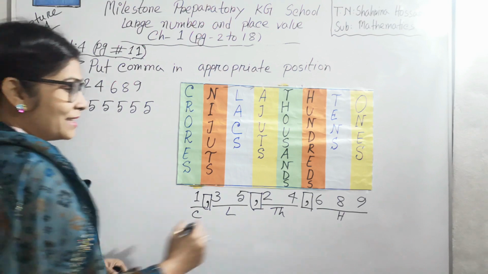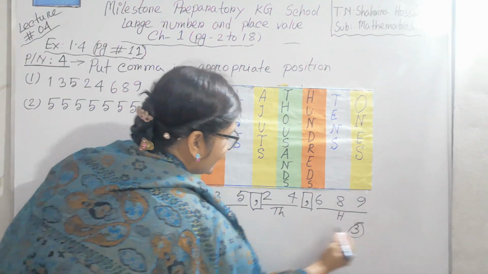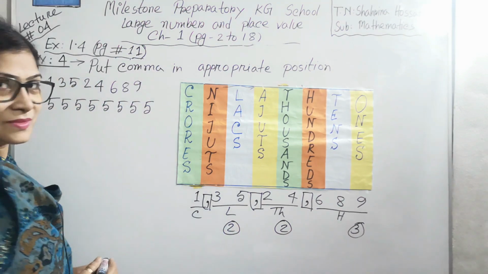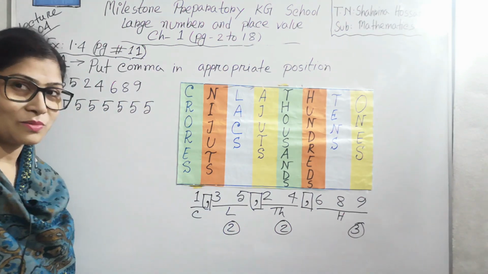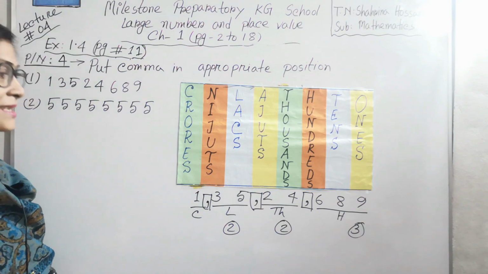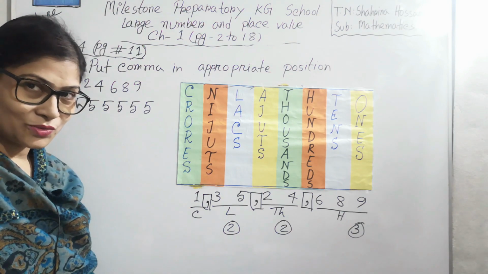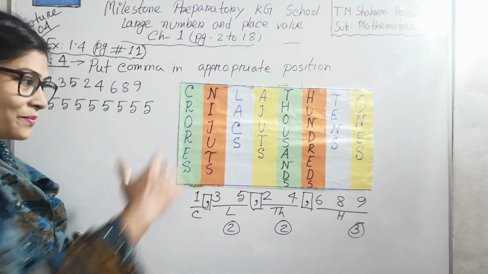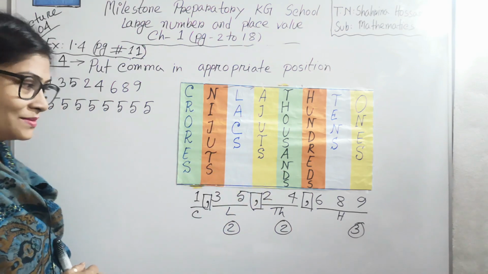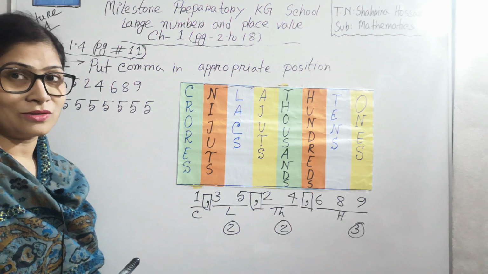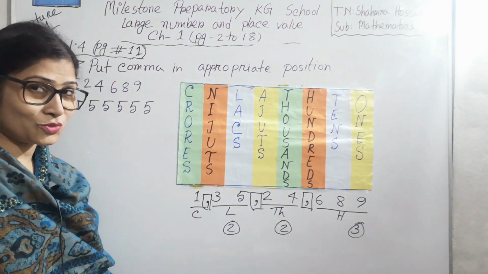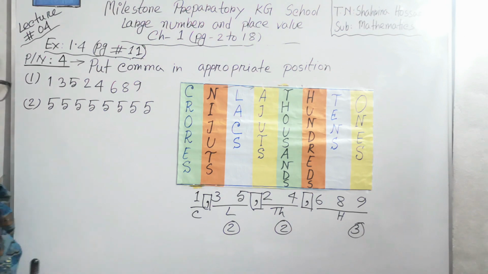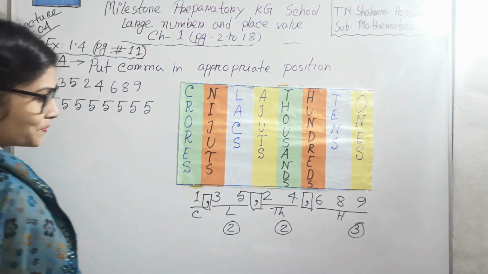We can say 3, 2, 2. That means first comma after 3 digits, second comma after 2 digits, third comma after 2 digits from the right side. We can easily make a song: 3 2 2, 3 2 2, 3 2 2. So by this way we can put the comma.